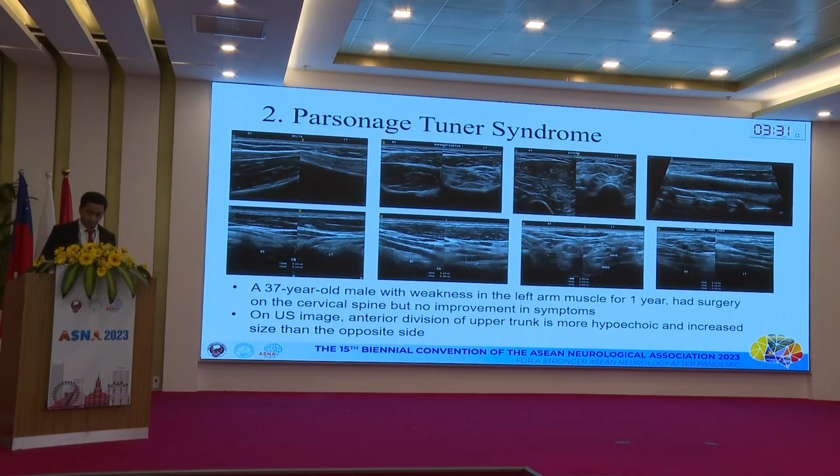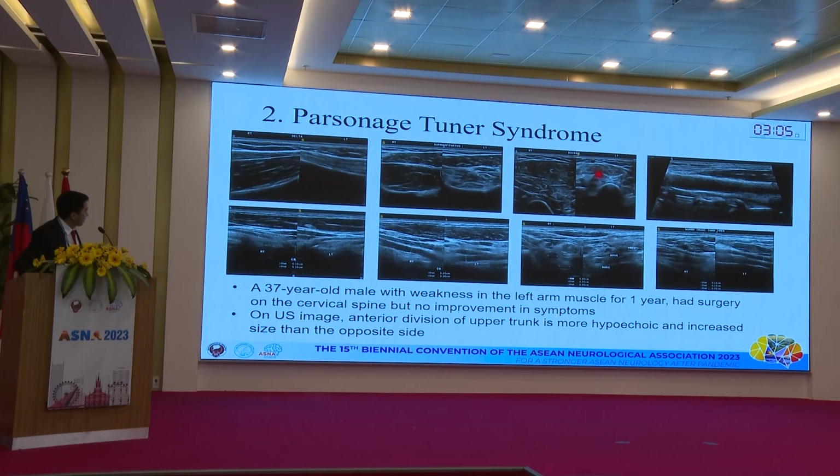Parsonage-Turner syndrome. A 37 year old female with weakness in the left hand muscle for 1 year. Had surgery on the cervical spine, but now the symptoms have improved. You can see here he had a surgery because of a stone, the fusion of the bone here. For the muscle, you can see the deltoid muscle, supraspinatus muscle, and biceps muscle on the left side is more wide, right?